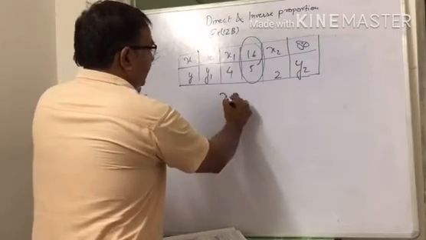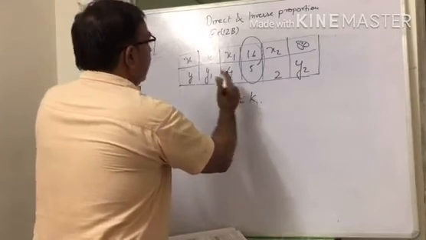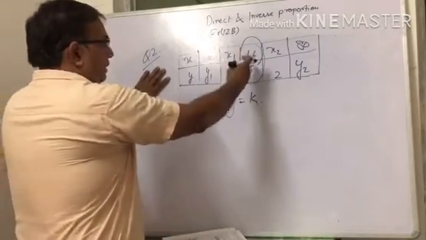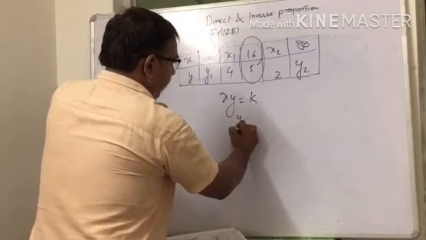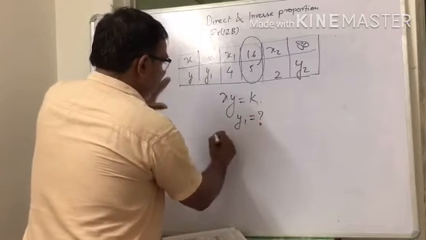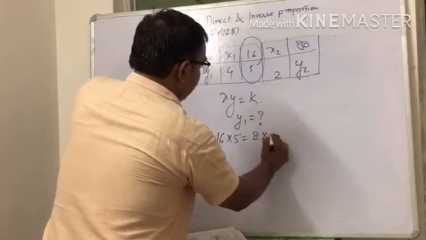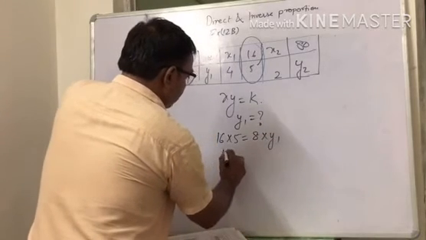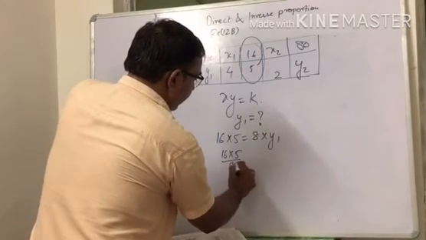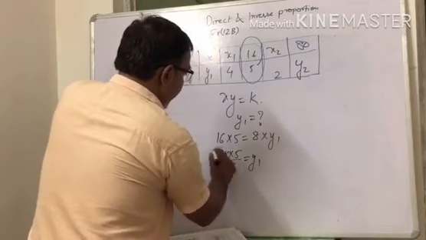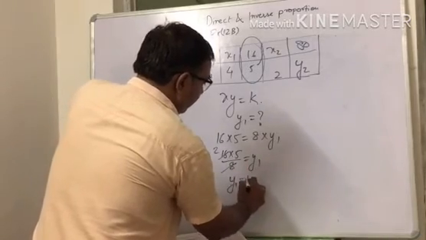Means if it is xy is equal to k, first we calculate y1. So we write like this: 16 times 5 is equal to 8 times y1. So 16 times 5 upon 8 is equal to y1. 8 twos are 16, so y1 is equal to 10.